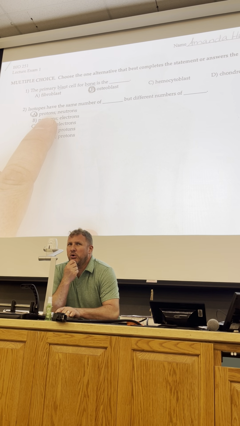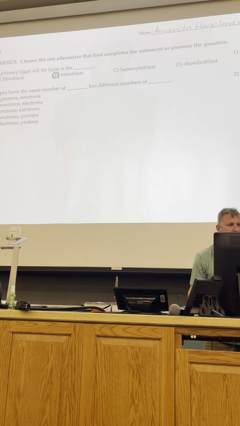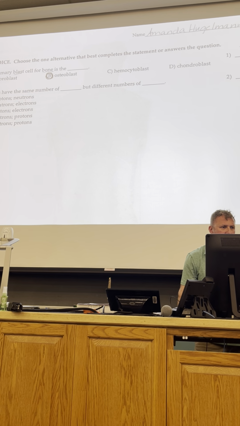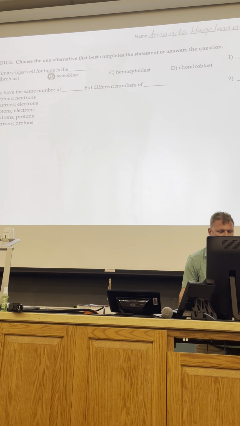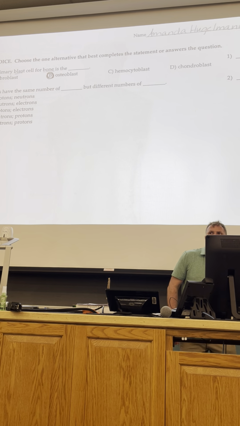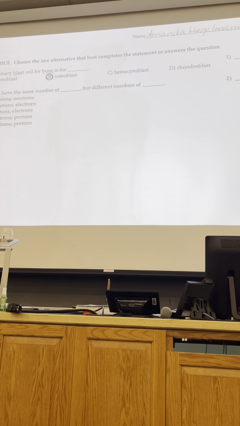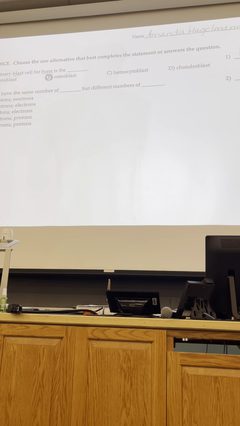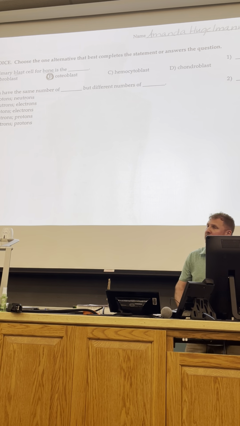Charges on these things. Protons, what are protons? Positive. Correct. Protons are positive. Neutrons, what's their charge? They don't have one, it's neutral, good. Protons and neutrons, where are they found?